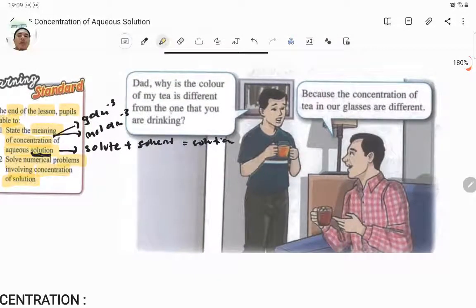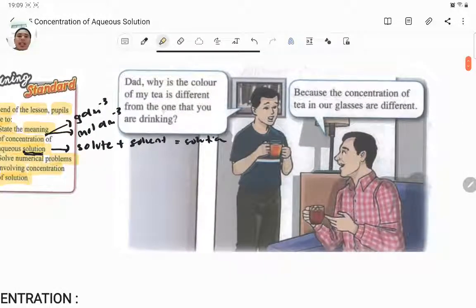The conversation between parent and son, right? So what his son says: Dad, why is the color of my tea different from the one that you are drinking? So that is the question from his son.